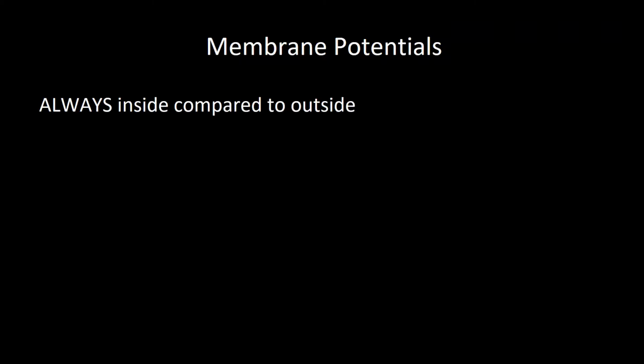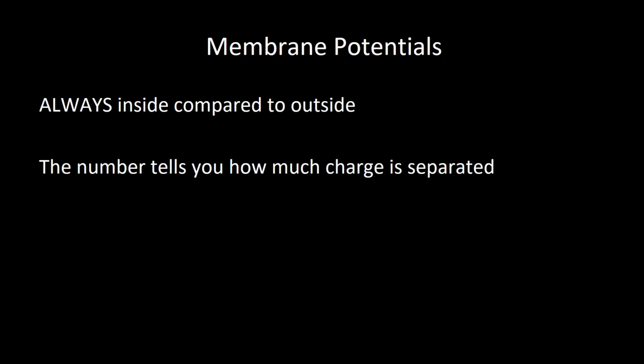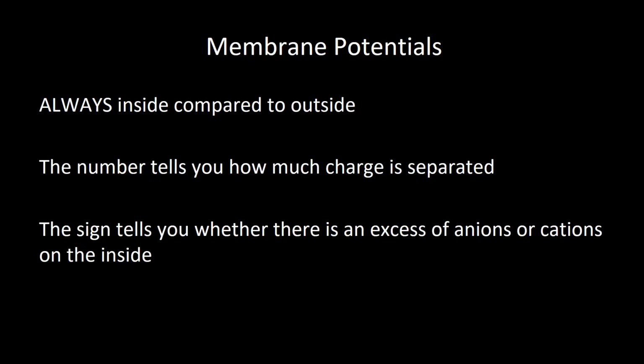All right. So, as I mentioned, this is so important. I'm going to say it over and over. Inside compared to outside. The number tells you how much charge is separated, and the sign tells you whether there's more anions or more cations on the inside. A negative number tells you there's more negative charges on the inside.